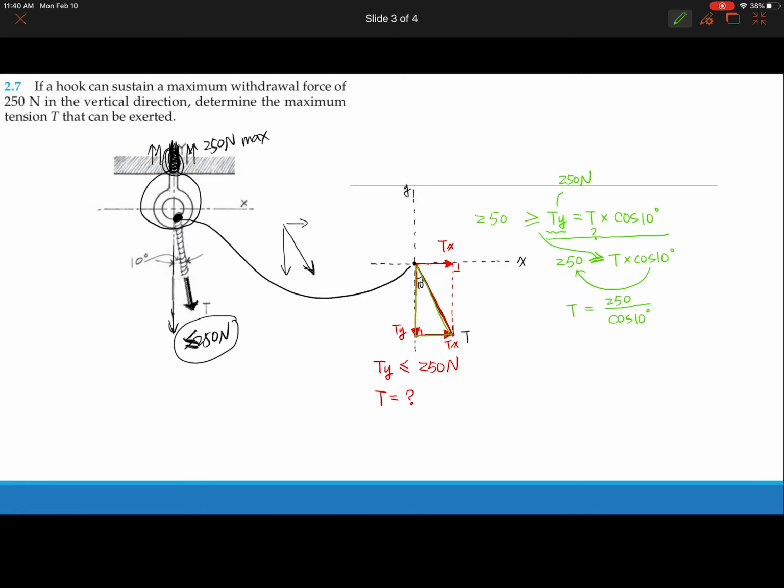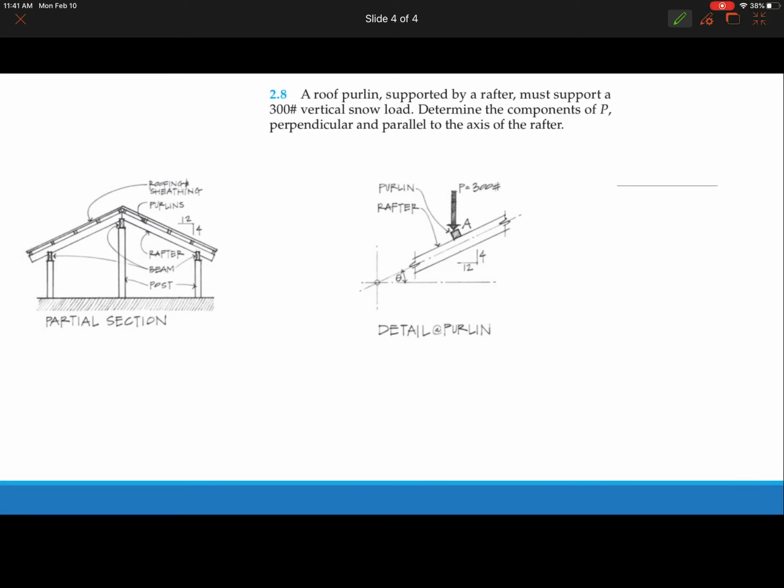If you move the cosine to the other side, you have T smaller than or equal to this value. So this equation tells you what T's maximum is, because T has to be smaller or equal to that value. That's going to be its maximum value. All right, so this is problem number 2, and then let's move on to this one.